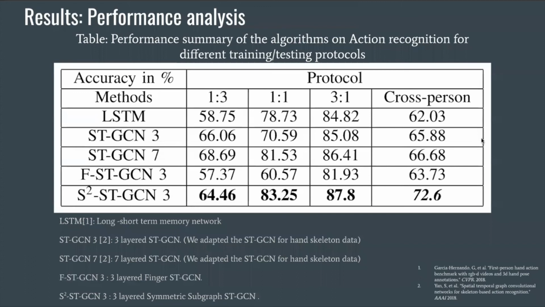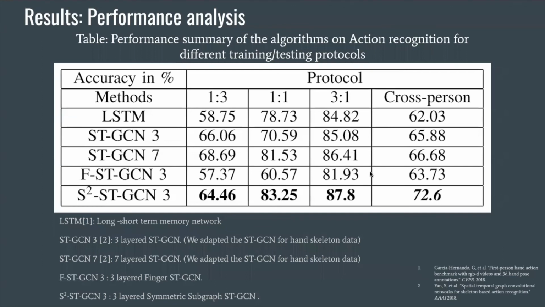So these are my final results. Each of these numbers, like 3 and 7, means how many layers of ST-GCN I have used, so ST-GCN 3 means 3 layers of ST-GCN. If you look at the last row, this is the proposed method, and we can see that it is achieving very good accuracy in the cross-person setting, which is a real-life scenario, with many fewer layers compared to regular ST-GCN 7.